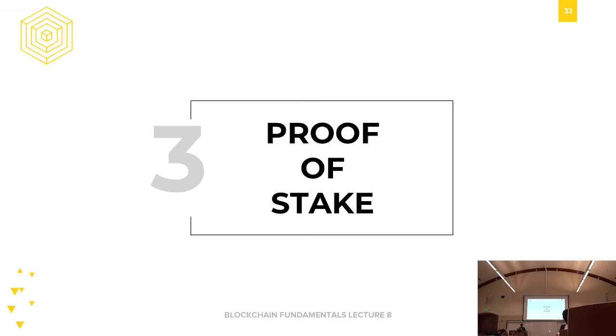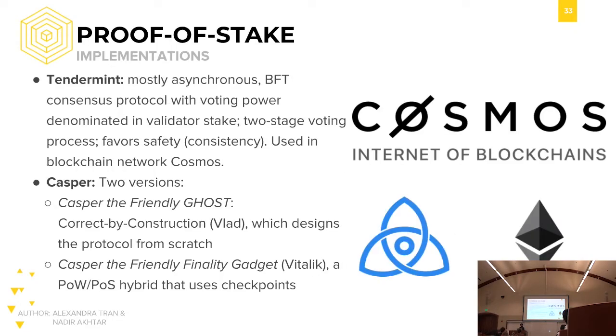Yes. All right. So proof of stake. We talked before about how proof of stake works, what you need to accomplish in proof of stake, and the various attacks. Now we'll go into some of these specific implementations that exist within the field. The two most significant ones being Tendermint and Casper. Tendermint is a mostly asynchronous protocol, meaning that it does not rely on time to a very large extent.